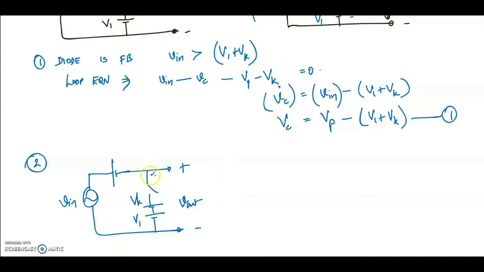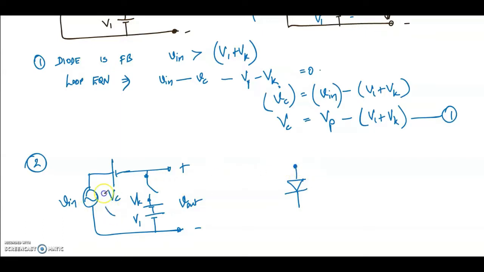When is the diode forward biased? Once again, this is P and this is N. Voltage at P should be greater than voltage at N. What is the condition here? Right now, this is Vc. Vc is equal to Vp minus V1 plus Vk. Let me look at the state of the diode here. Let me redraw the switch or ideal diode like this.